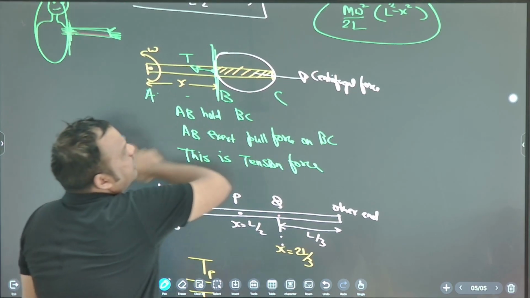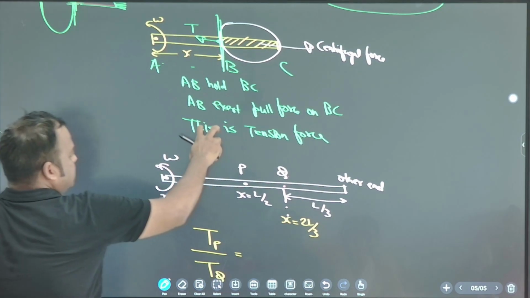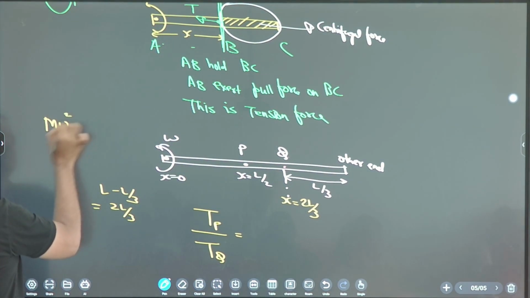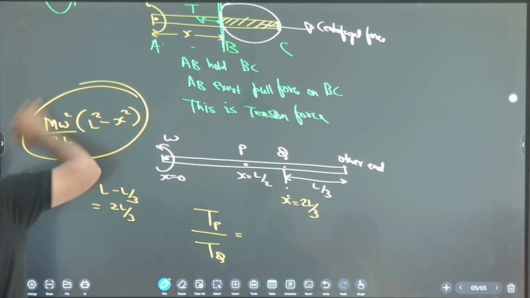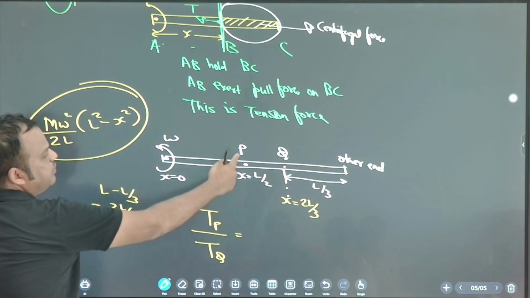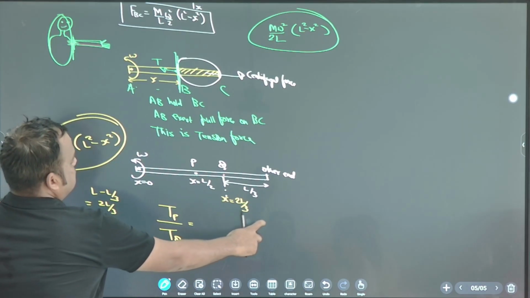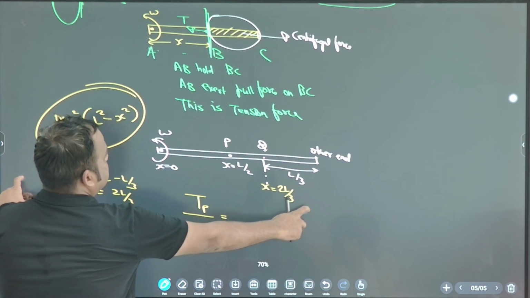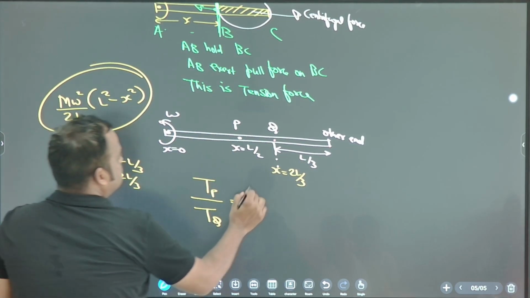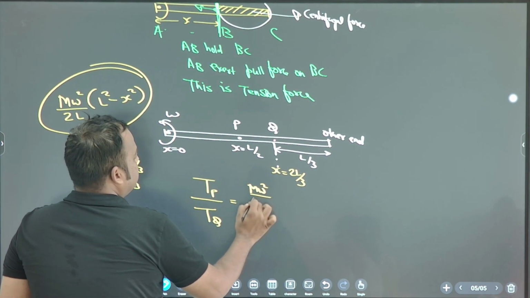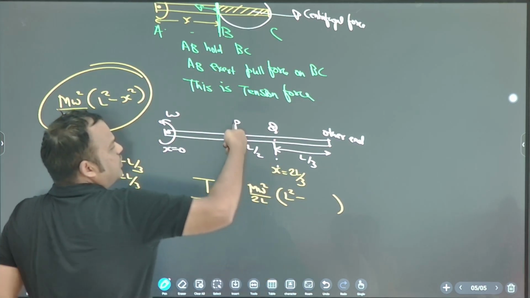So this is the formula: M omega square by 2L into L square minus x square. Use this formula. So what is the tension at P? For P, what is x?